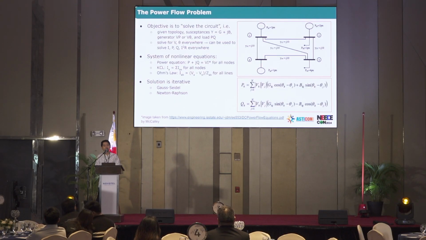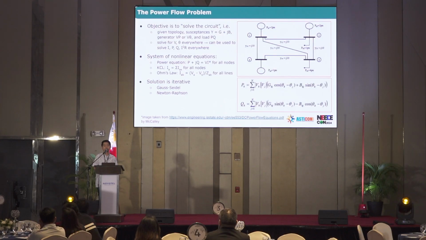So doon sa mga EEE dito na students natin dati, inaaral natin to sa isa nating course. So essentially, power flow is a variation of circuit analysis. When we say circuit analysis, given natin yung circuit, which is essentially the grid, given yung connection, yung susceptances or impedances, yung location ng mga supply or generators, tapos yung load.